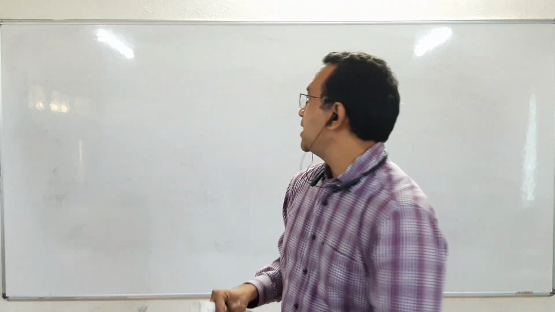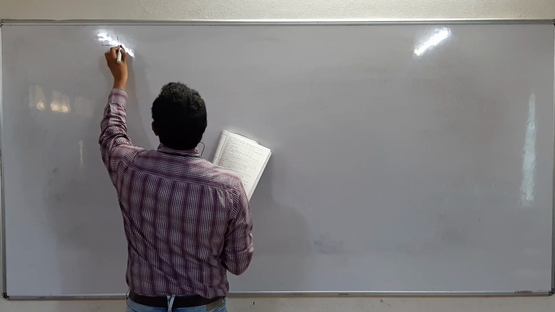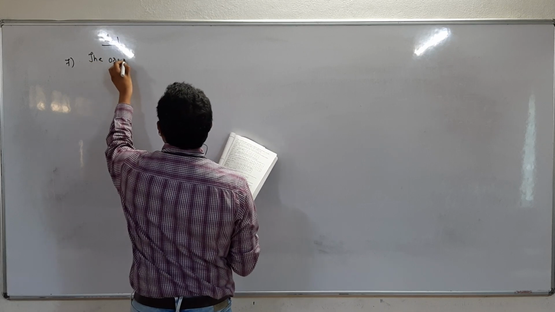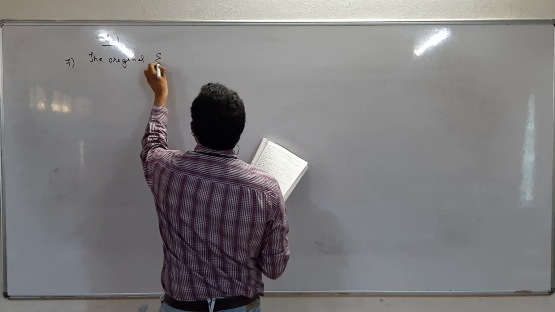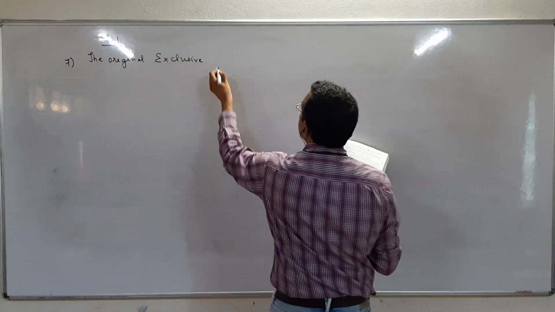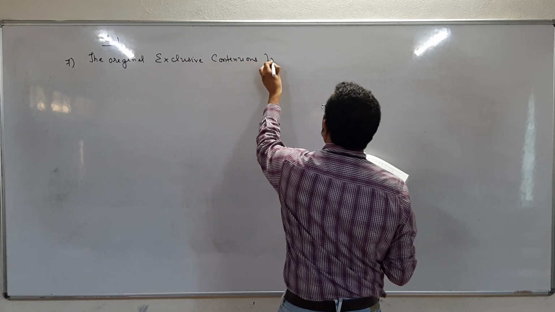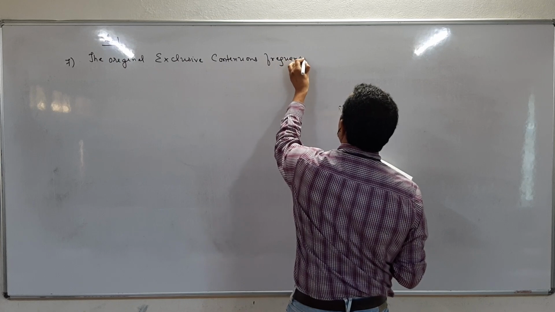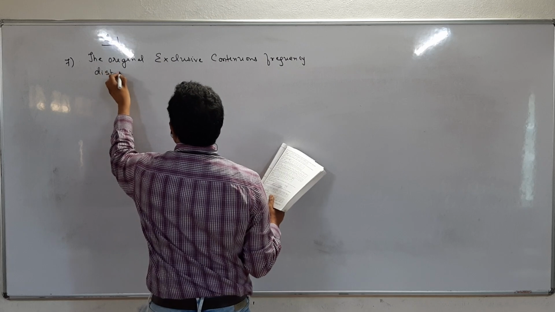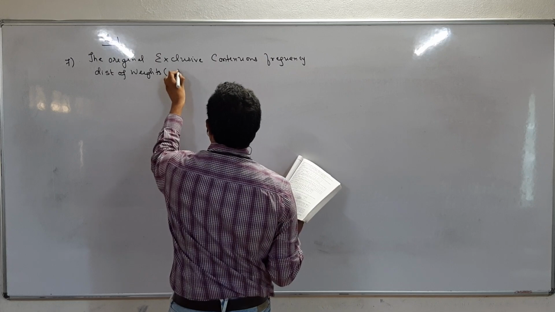So students, pay attention. I am writing the 7th sum, exercise 2.1, 7th sum. The title is: the original exclusive continuous frequency distribution of weights in kg.